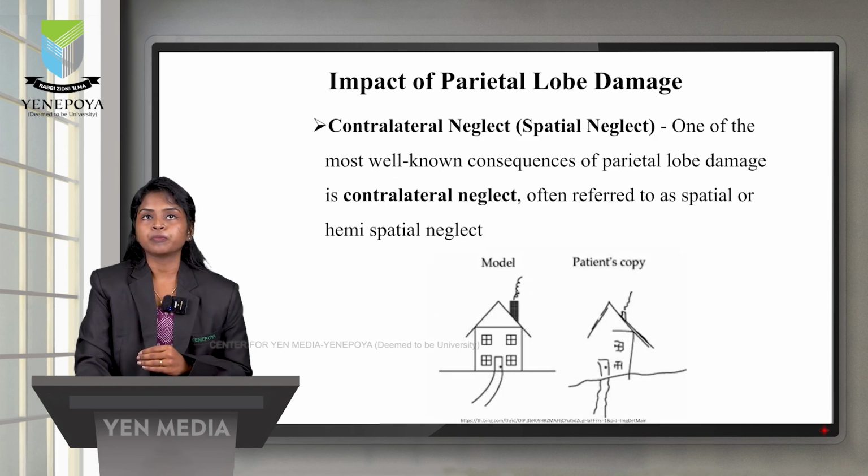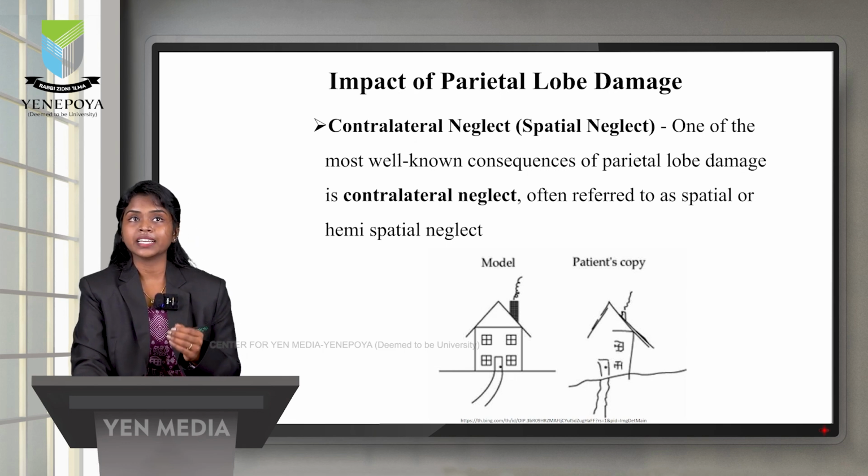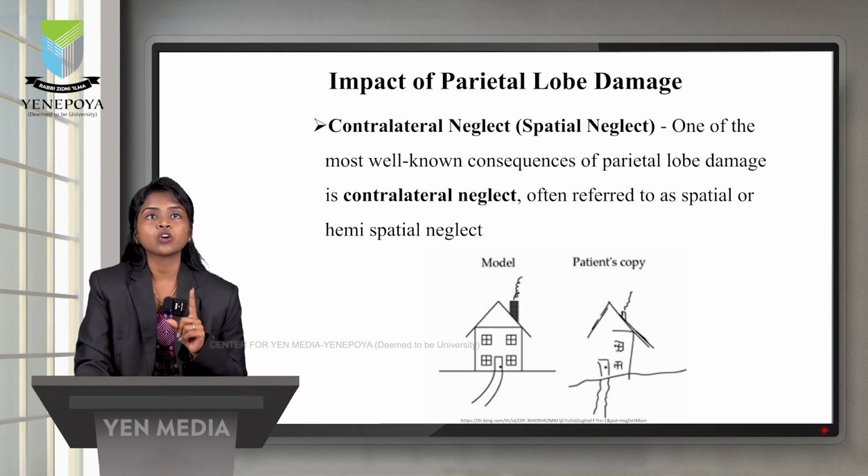So, impacts of parietal lobe damage. What damages can affect the parietal lobe and how will they be inflicted? One is contralateral neglect, otherwise called spatial neglect. One of the most well-known consequences of parietal lobe damage is contralateral neglect, often referred to as spatial or hemispatial neglect.